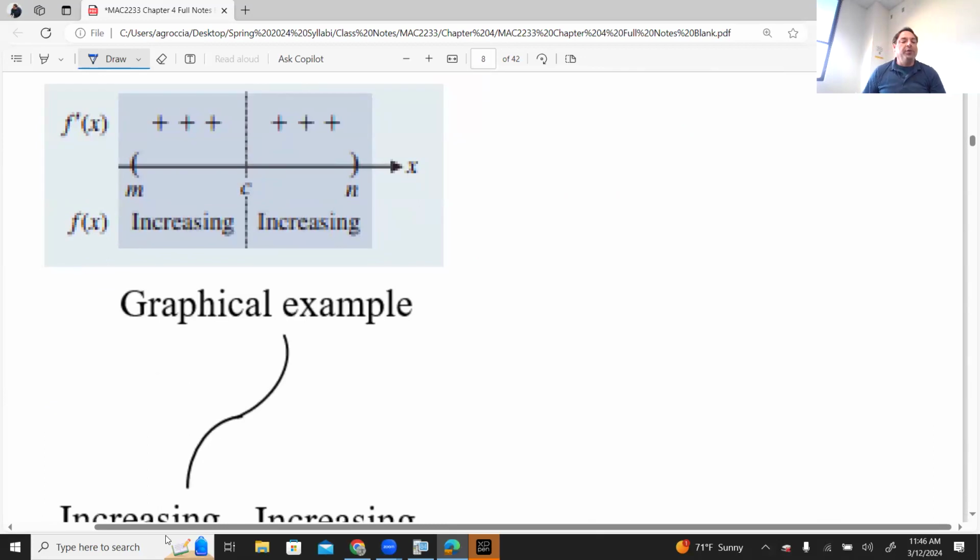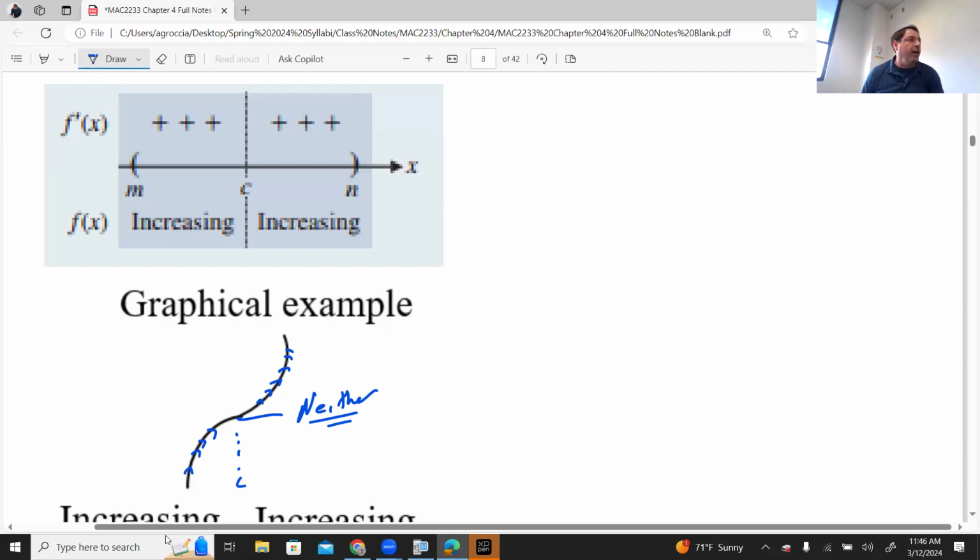Now, what if we're looking at point C and it's increasing by plugging into the derivative and then increasing again? Is that a max or a min? That's a neither. Sometimes we may get a point that doesn't work. It's not extrema. And you would find that point by looking at it. This goes up and up. That's not an extrema.